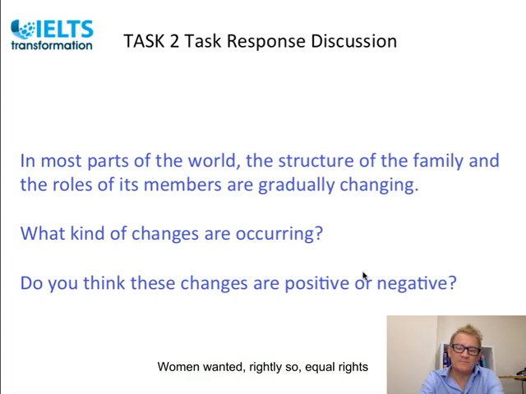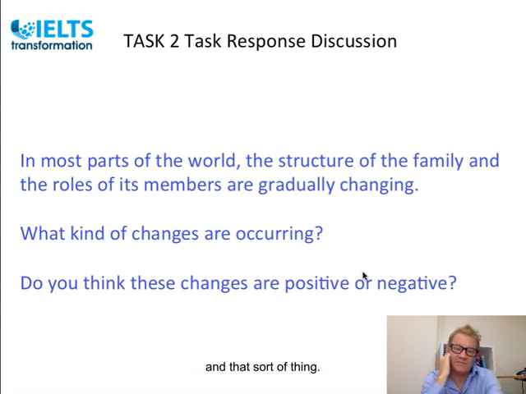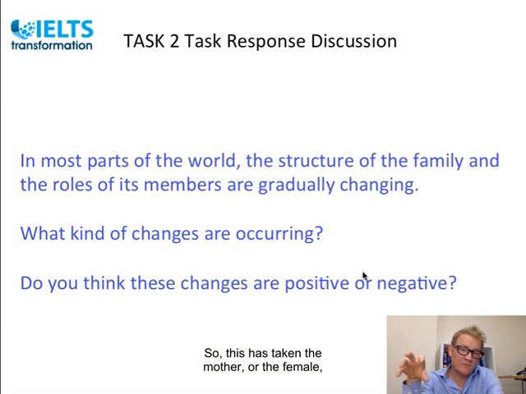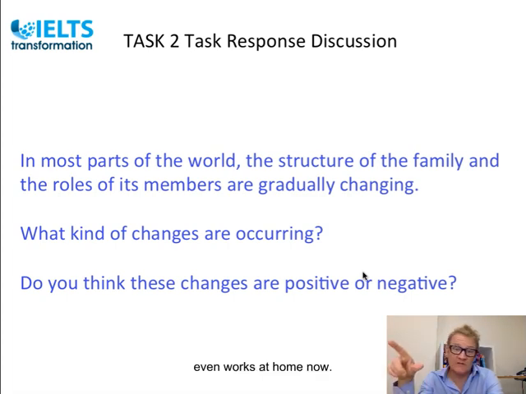Women wanted, rightly so, equal rights so that they can do whatever they want. So women have gained better rights, so they could work, make choices for themselves, and that sort of thing. So this has taken the mother, or the female, out of the home more, and then the father sometimes even works at home now.